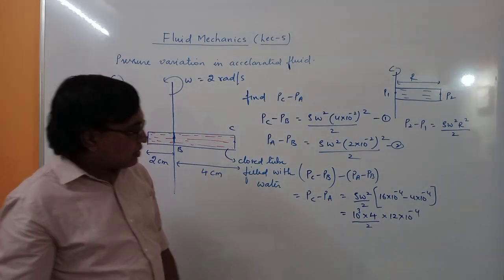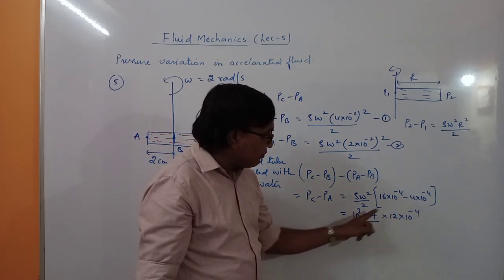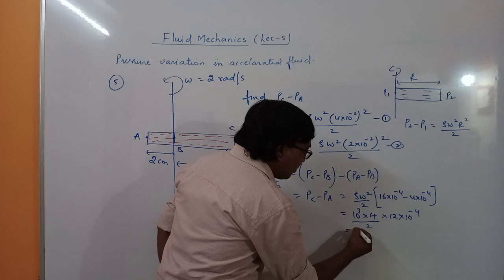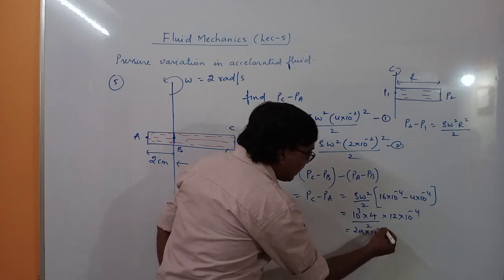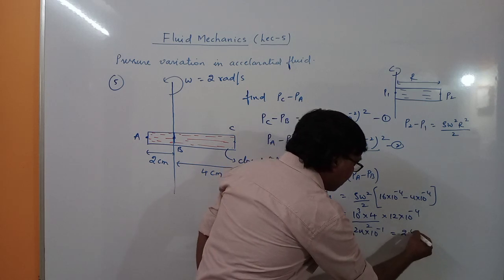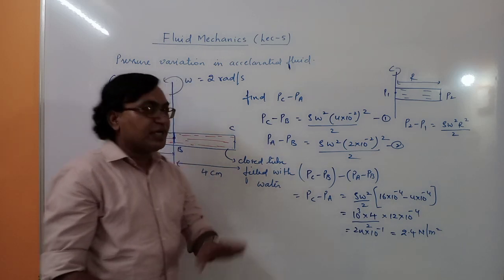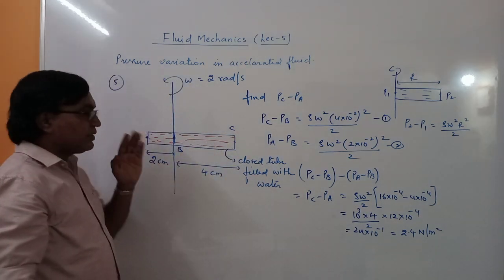Here we will get 24 into 10 raised to minus 1. So that is equal to 2.4 Newton per meter square, the pressure difference between this point and this point.